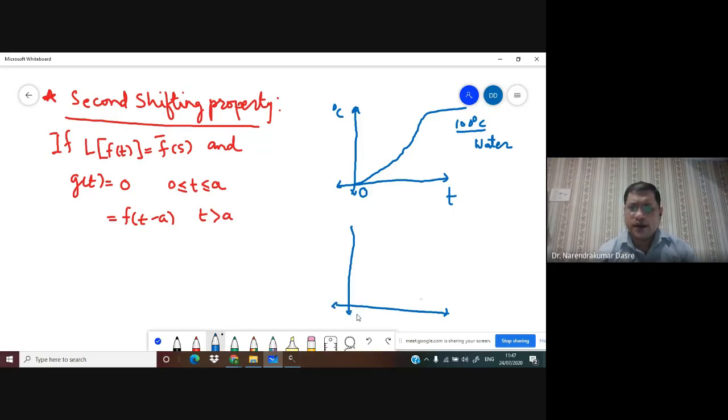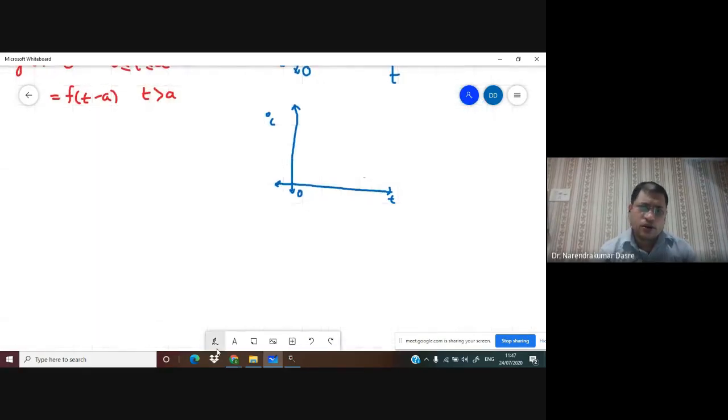Now I have 0 degree ice, and I start observing. I start heating the ice and observing it. So what graph will I get?